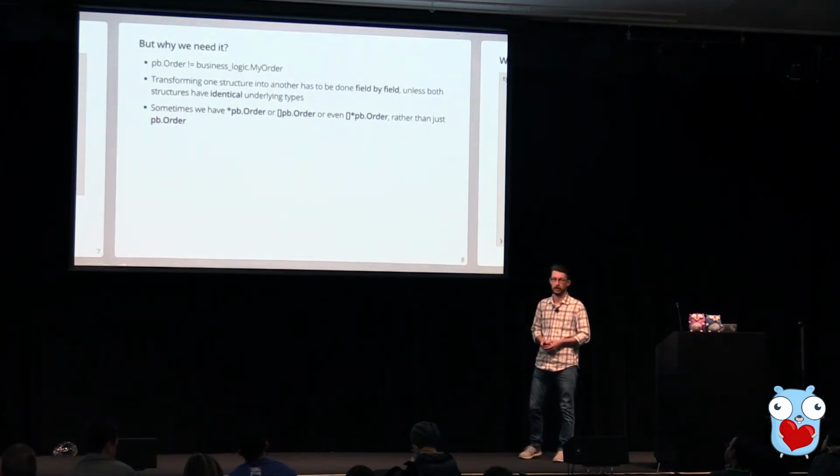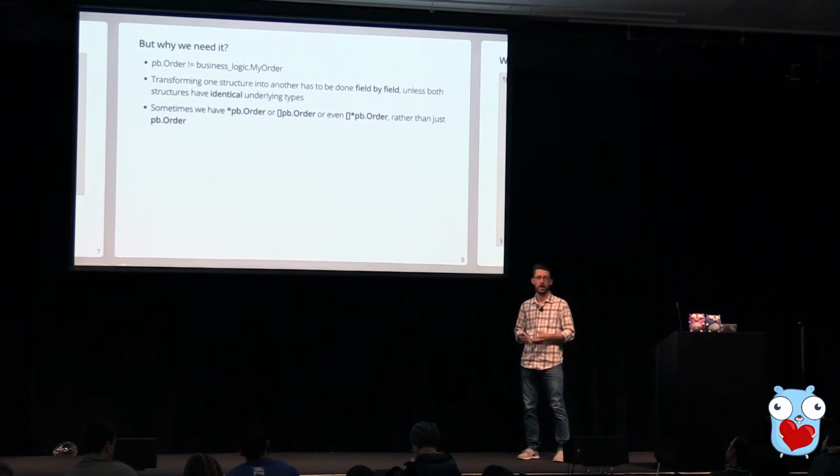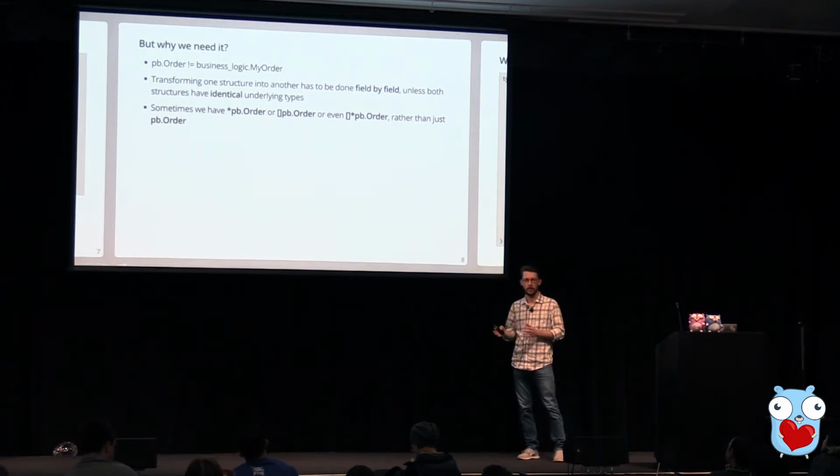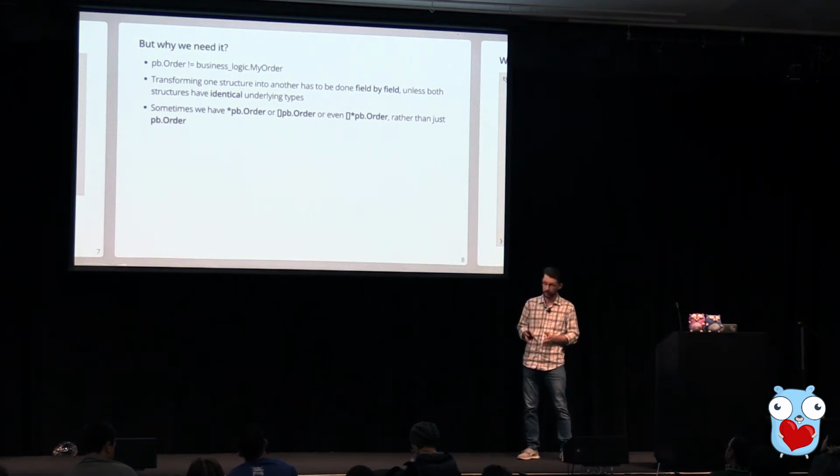Go is a strictly typed language. That means our struct order from the Protoc package and myOrder from the business logic package are two different structs. Transformation between these structs has to be done field by field, unless those structs have identical underlying types, which is not our case.